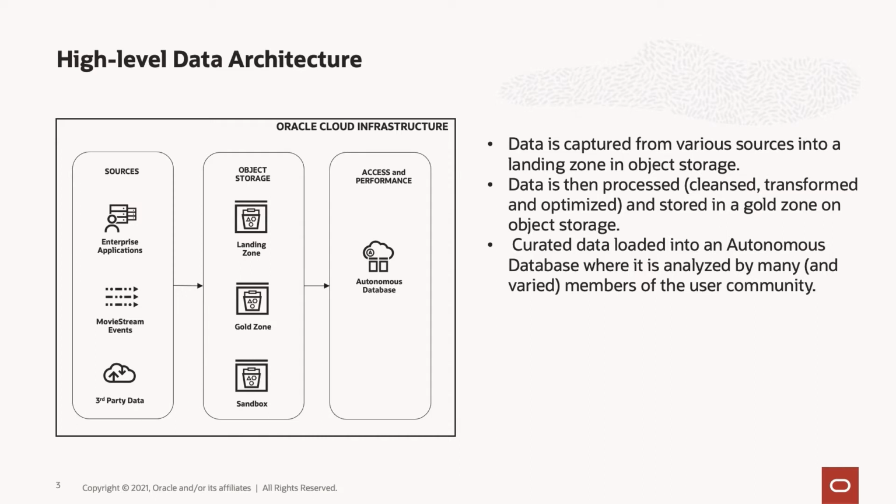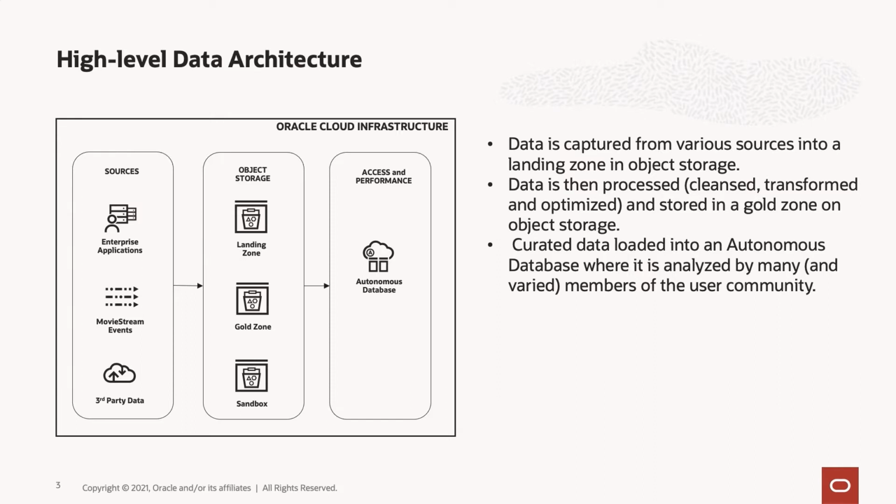Specifically, it's landing into what we call a landing zone of that data lake. Now, this landing zone stores data exactly as it came from the sources. So the data from the landing zone is then cleansed, it's transformed, and it's optimized, and it's loaded into the gold zone, or the curated zone.